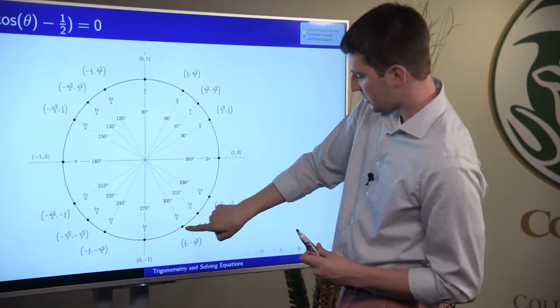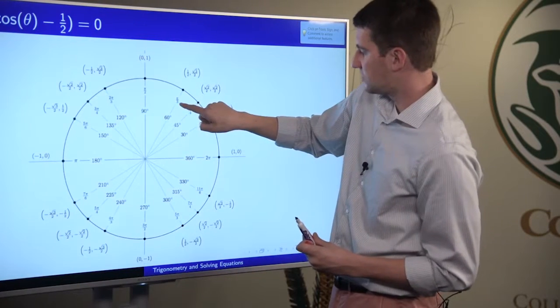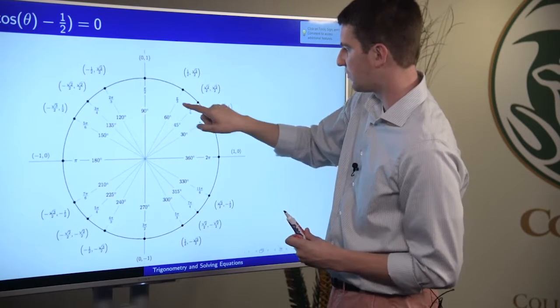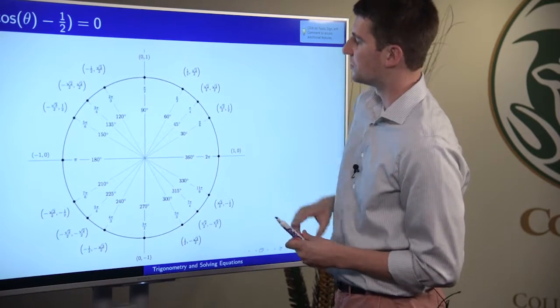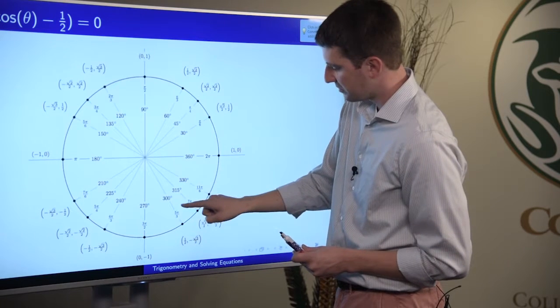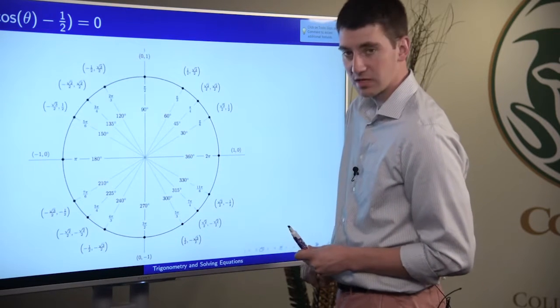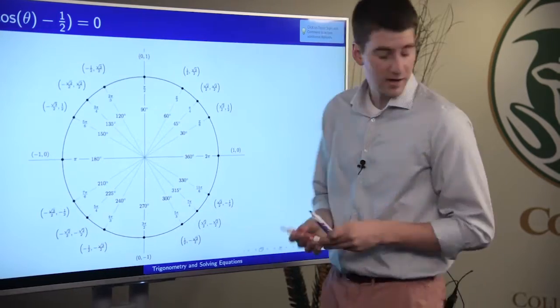So it looks like this point here and this point here are both solutions. So one of those solutions is pi over 3, and look right there, cosine of pi over 3 is going to be equal to 1/2. And likewise, cosine of 5 pi over 3 is also going to be equal to 1/2. So those are our 2 solutions from 0 to 2 pi.